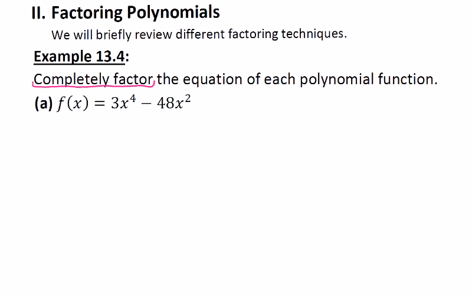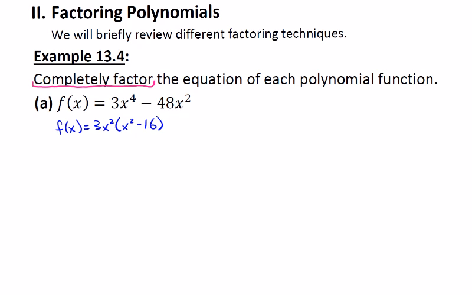So this one does have a greatest common factor other than 1. So we have f of x equals, and I'm going to pull out 3x squared, and that's going to leave me with x squared minus 16. So as I mentioned, we need to make sure that we completely factor. We're not just trying to do one technique and then be done. We want to get it completely factored as far as we possibly can.